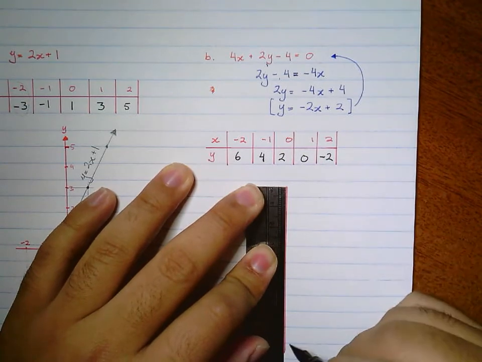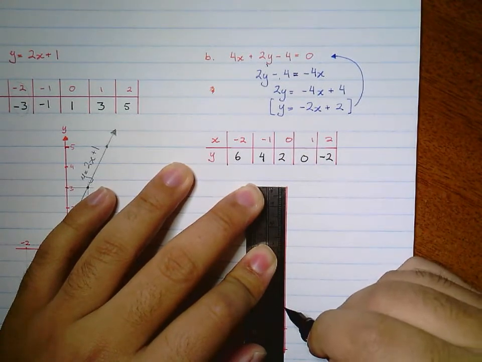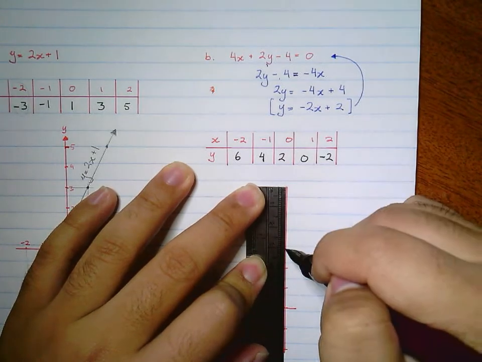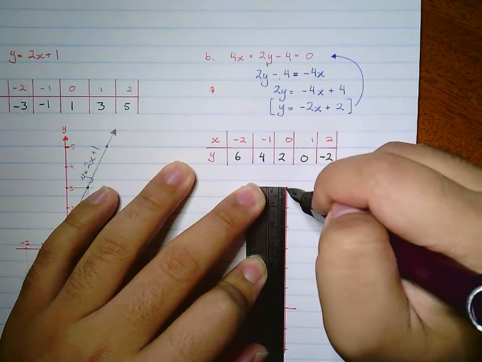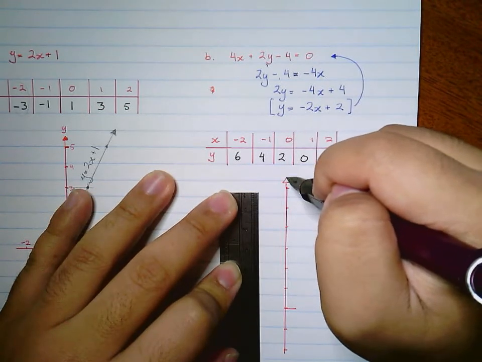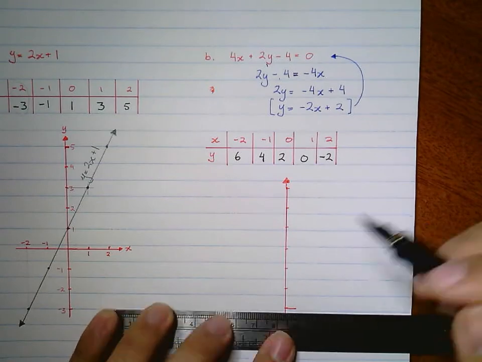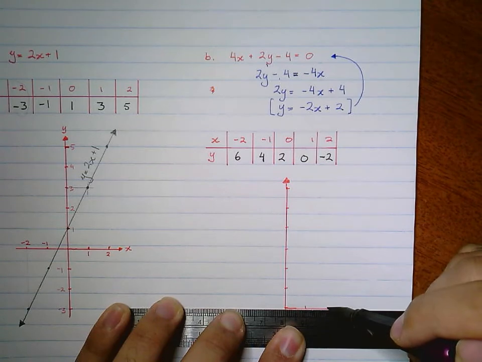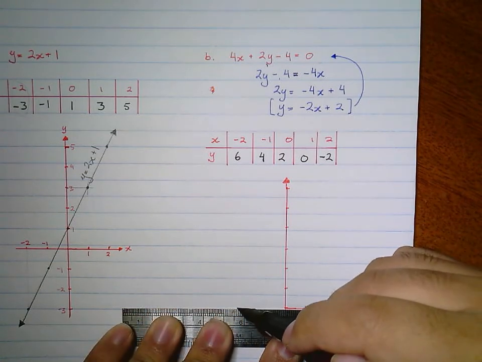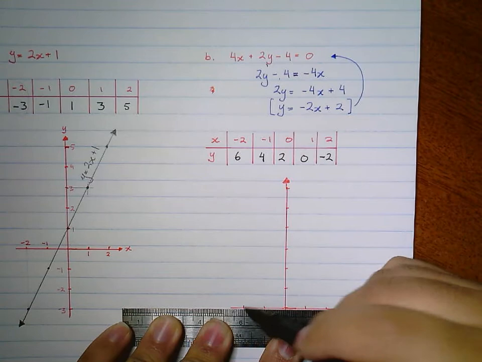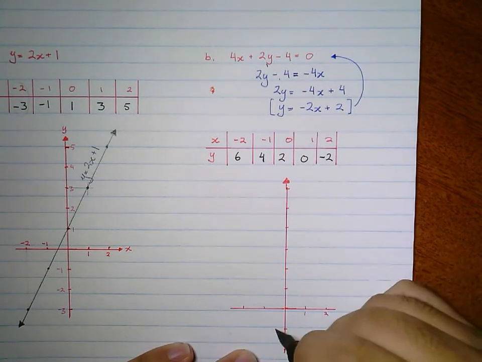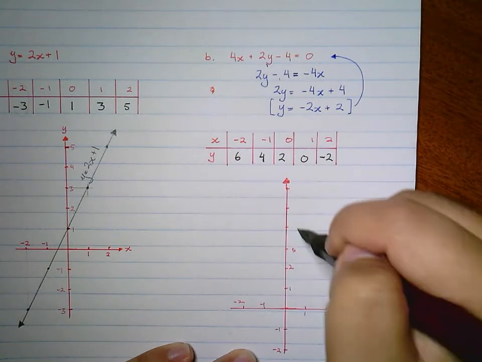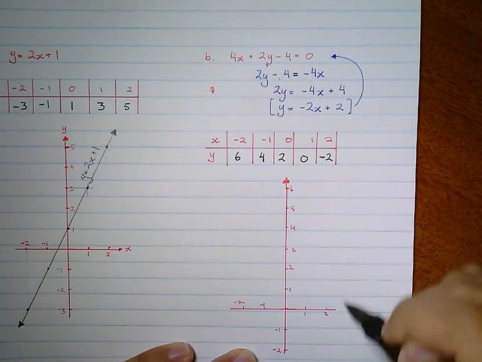And I'm just going to take you through at full speed how I do my process. -2, -1, that's my 0. 1, 2, 3, 4, 5, 6. From -2 to 2, so 2 centimeters on either side.